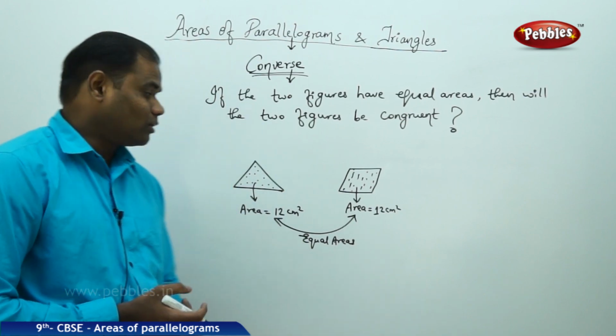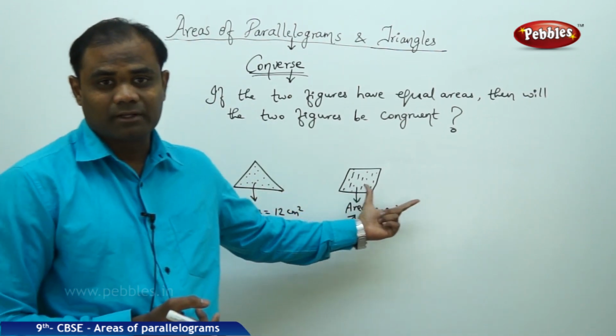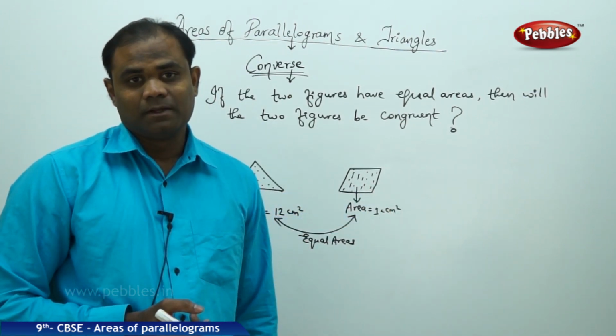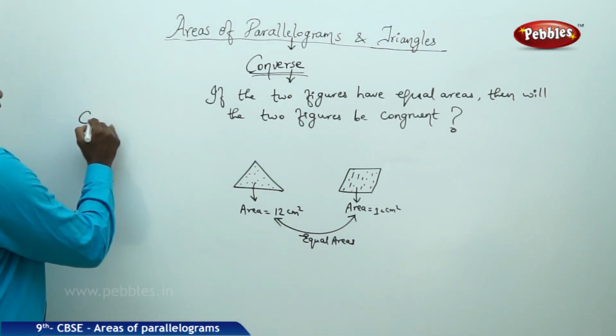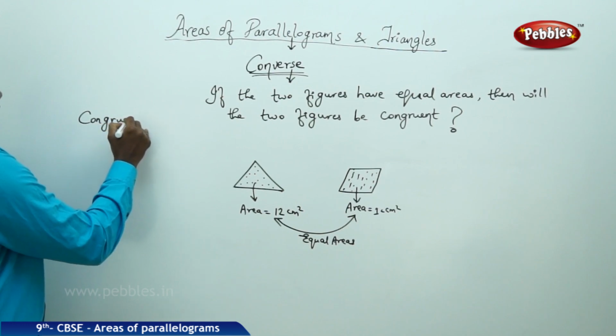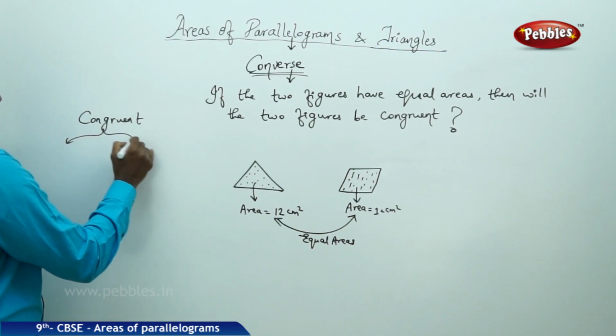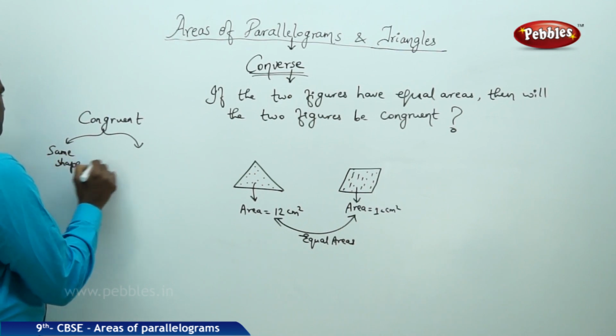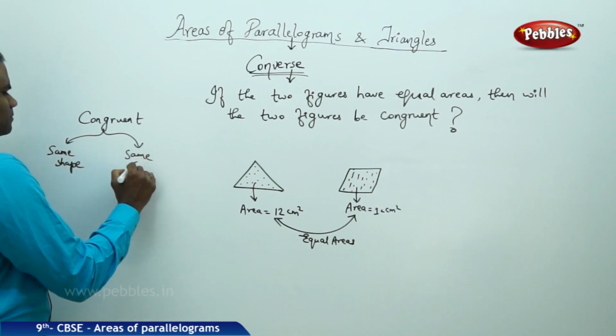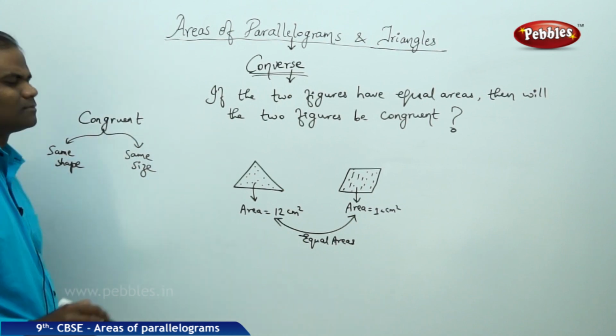But are they congruent? Let's see if the triangle is congruent to the parallelogram. The congruency concept says that two figures are congruent if they have the same shape and same size.